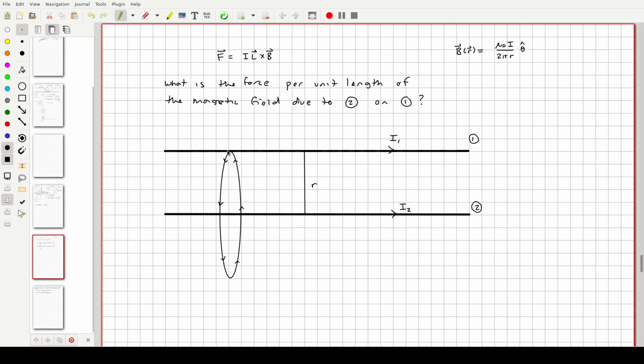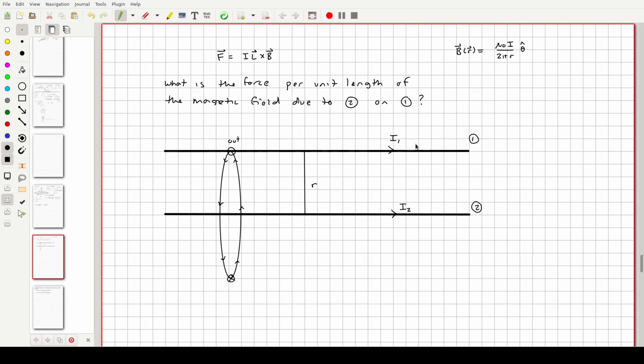At the very top, which would be the part of the field that would affect the wire I1, it is coming out towards us. So here it's out. At the very bottom, it's going in. So this is what our magnetic field is going to look like.